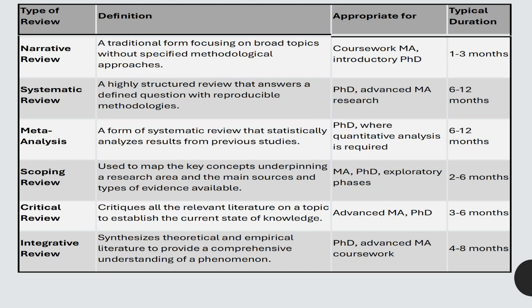There's also a meta-analysis. It's a type of systematic review that usually uses statistically analyzed results from previous studies. But I have seen qualitative studies that also use meta-analysis. So meta means a step above. It's like reflecting and reflexivity. In reflexivity, we think about our reflectivity. So there's a meta level.